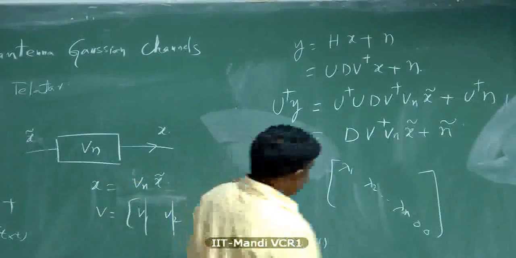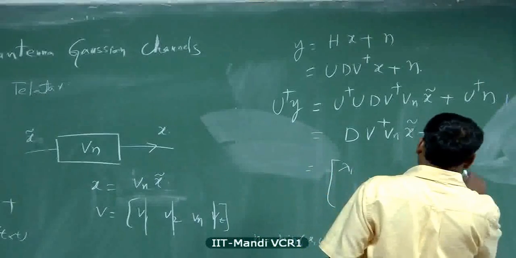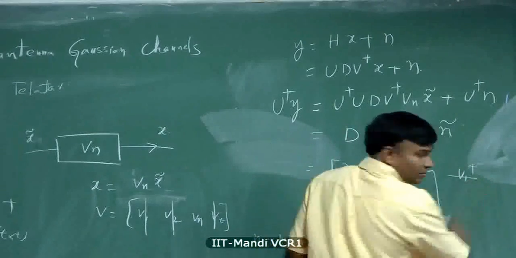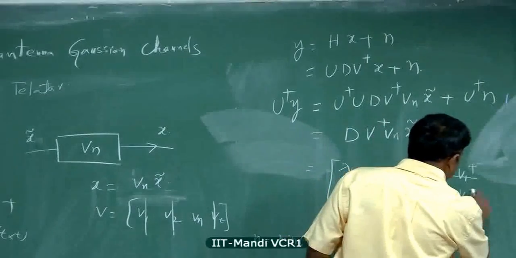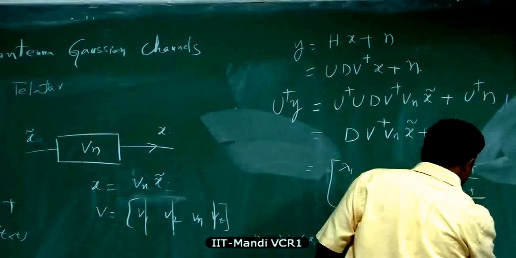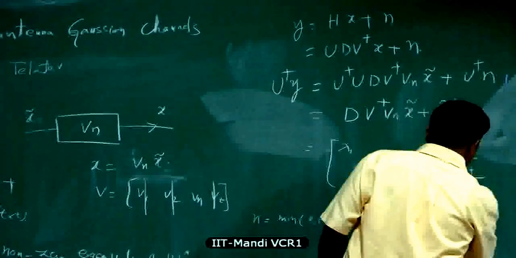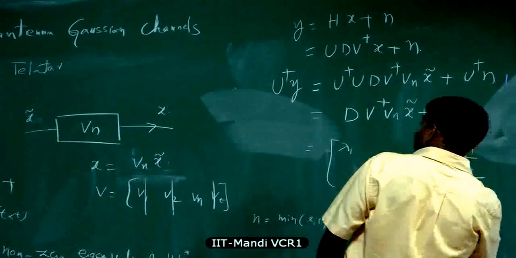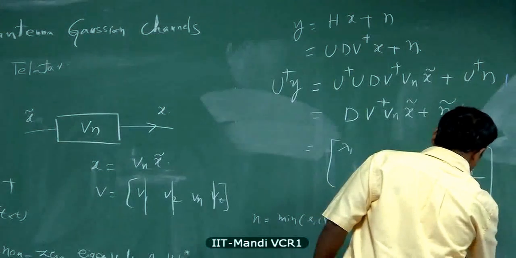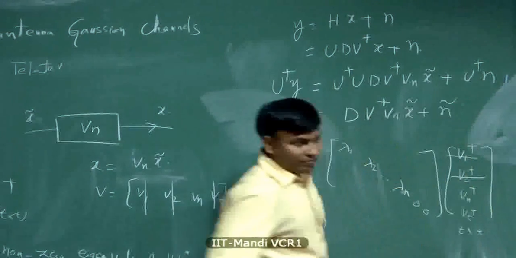I write V Hermitian as V1 Hermitian, which is a row, V2 Hermitian, another row, up till Vn Hermitian, up till the last element, which is Vt Hermitian, because this is a T by T matrix.